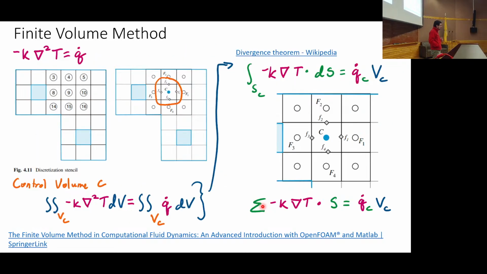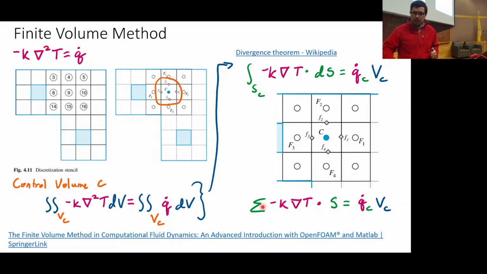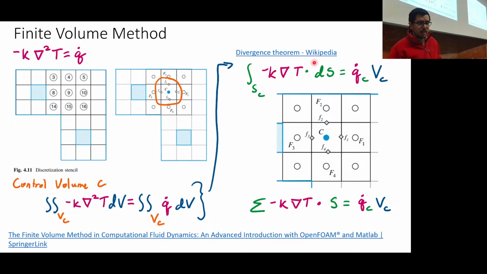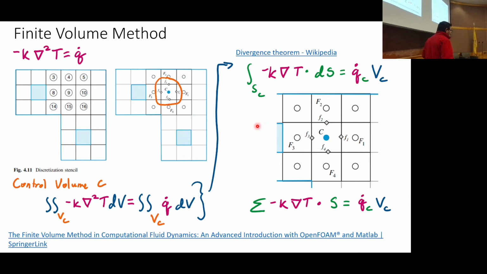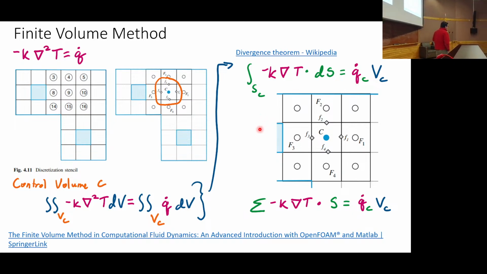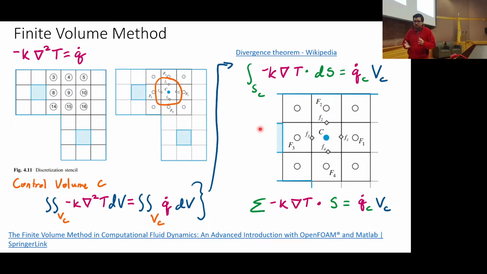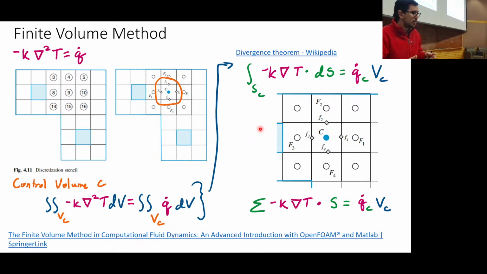Well, to handle that left side, people have gone back to the divergence theorem. Maybe you remember it from your days in multivariable calculus. Maybe you don't want to remember it. But essentially, it's this theorem that says, hey, if you're taking a volume integral, you can re-evaluate it by thinking of it as an integral on the surrounding surfaces.